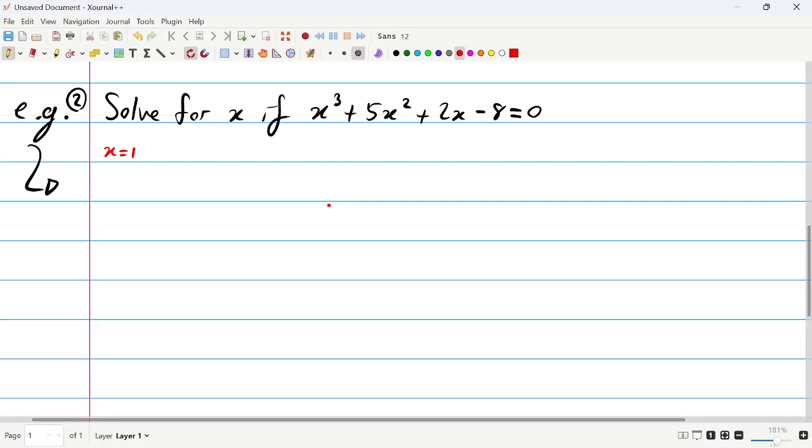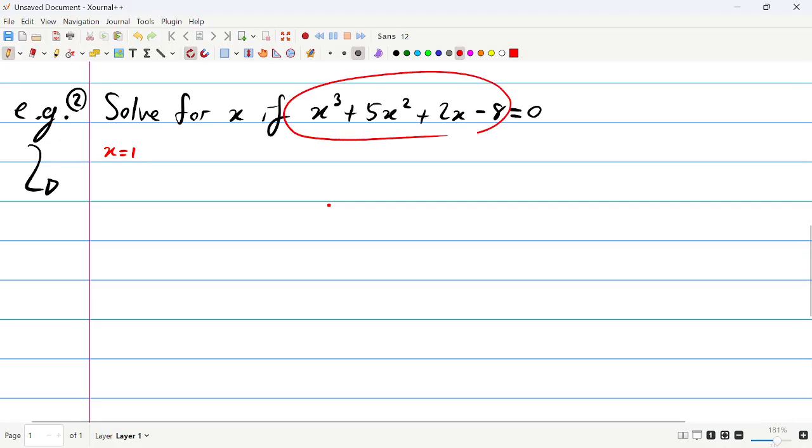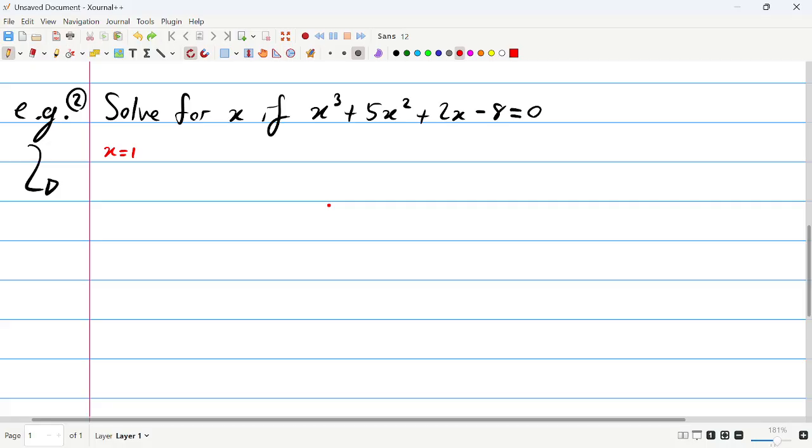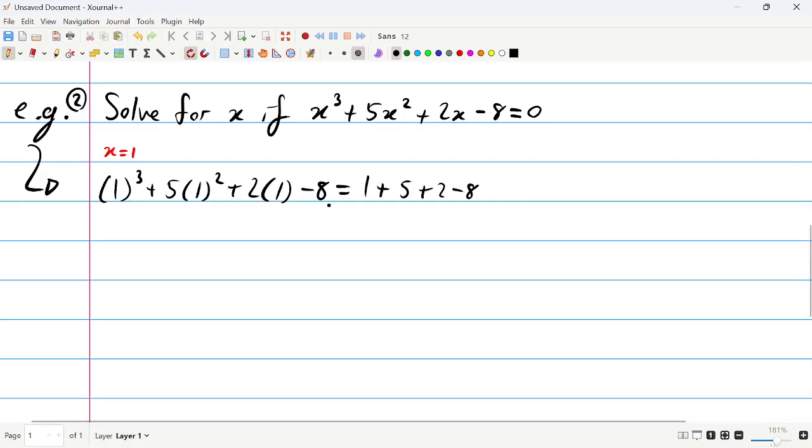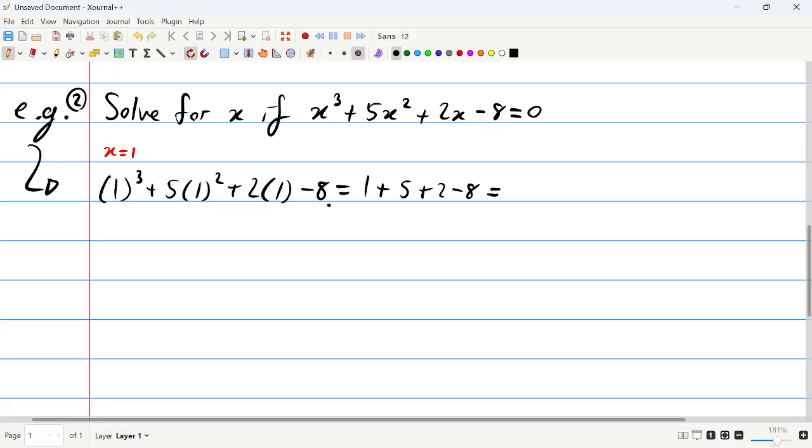Okay, we need to see where the function is equal to 0, right. So at x equals 1, we are going to have what? 1 cubed plus 5 into 1 squared plus 2 into 1 minus 8. And this is equal to what? It's going to be 1 cubed, which is just 1, plus 5 plus 2 minus 8. And then 1 plus 5 plus 2 is equal to 8.